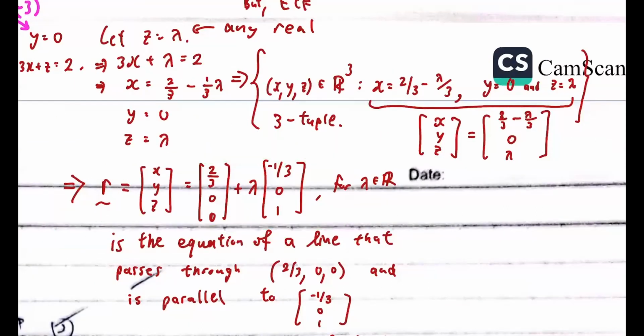You need to interpret that this is actually just a vector equation of a line. There's a point, and then there's lambda times a direction vector. And then you must interpret: it passes through the point 2/3, 0, 0, and it's parallel to -1/3, 0, 1. This is what I call the direction vector. It gives you the direction of the line.